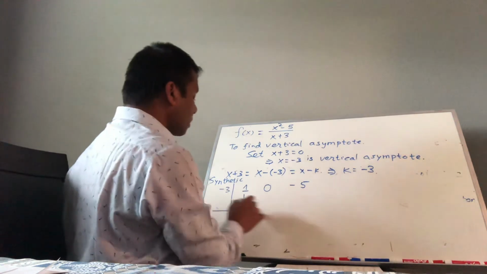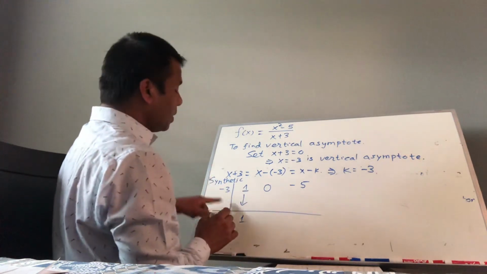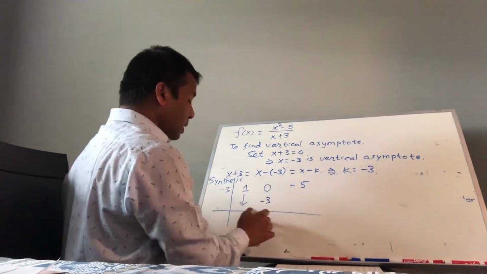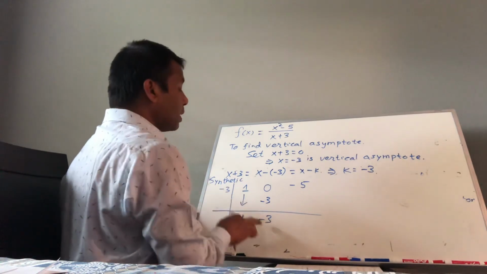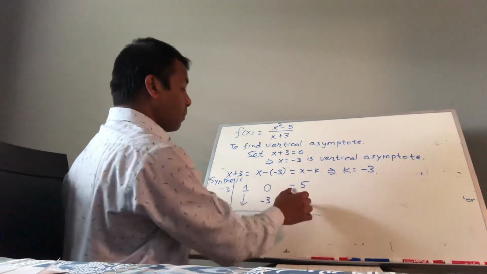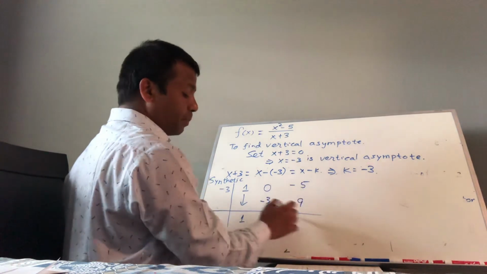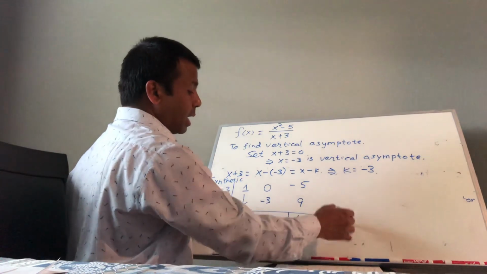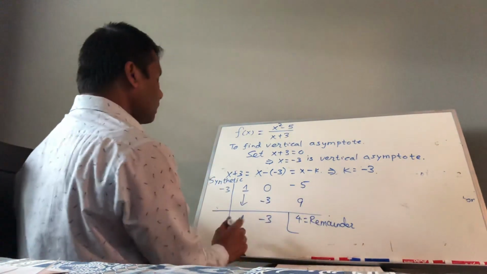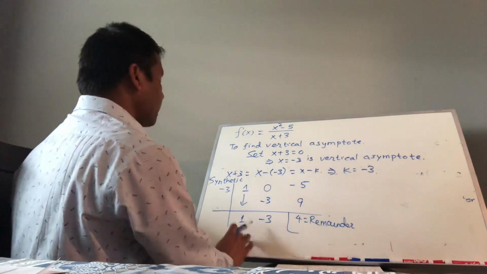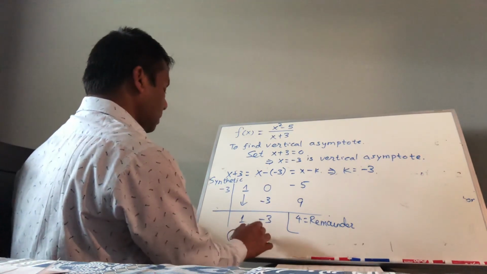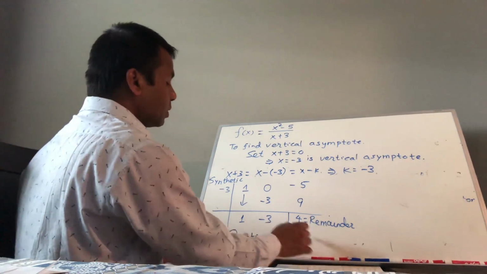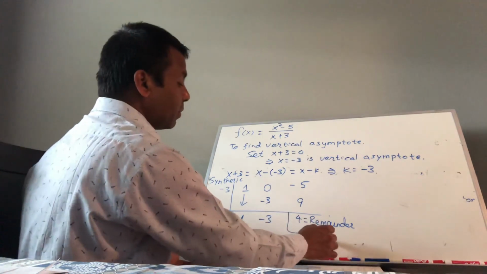We bring down the first coefficient, which is 1. Negative 3 times 1 is negative 3, and we combine: 0 minus 3 is negative 3. Negative 3 times negative 3 is positive 9, and negative 5 plus 9 is 4. So this is the remainder. What will be the quotient? The quotient, denoted by q(x), is x minus 3.